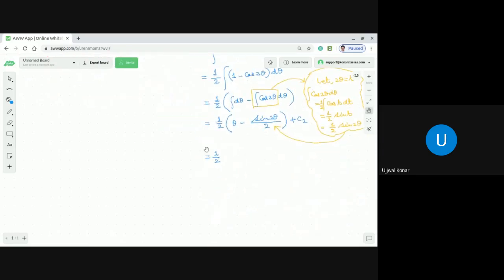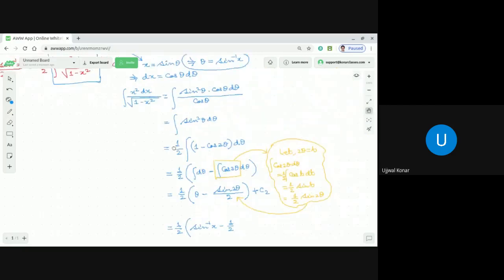So this is equal to sine inverse x minus 1 by 2 into sine 2 theta. So one thing we can do is that, instead of writing sine inverse, we can make it a little simplified here. Sine 2 theta means what? 2 sine theta cos theta.